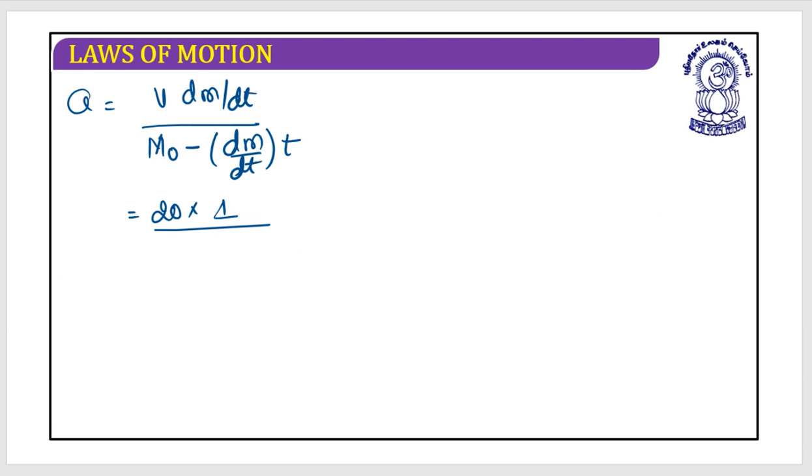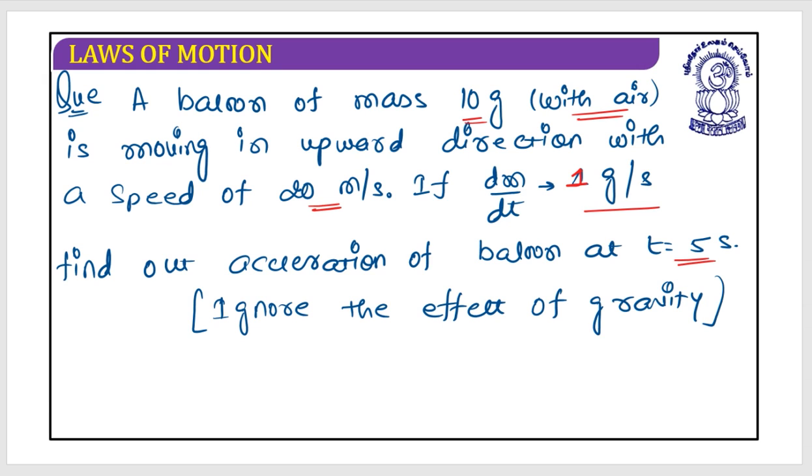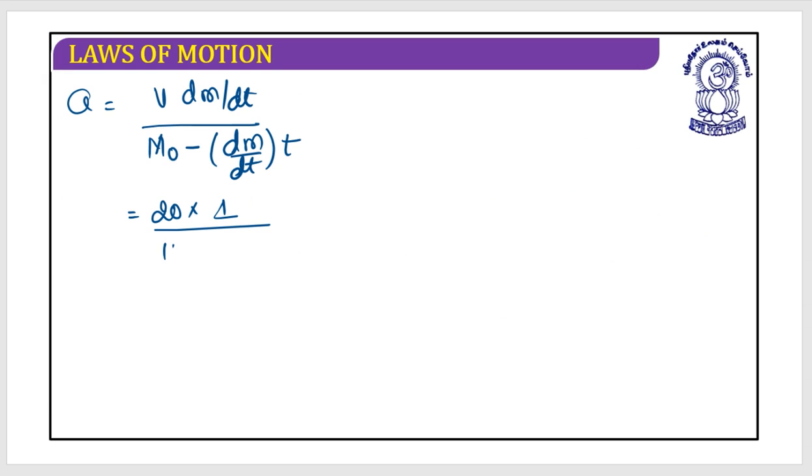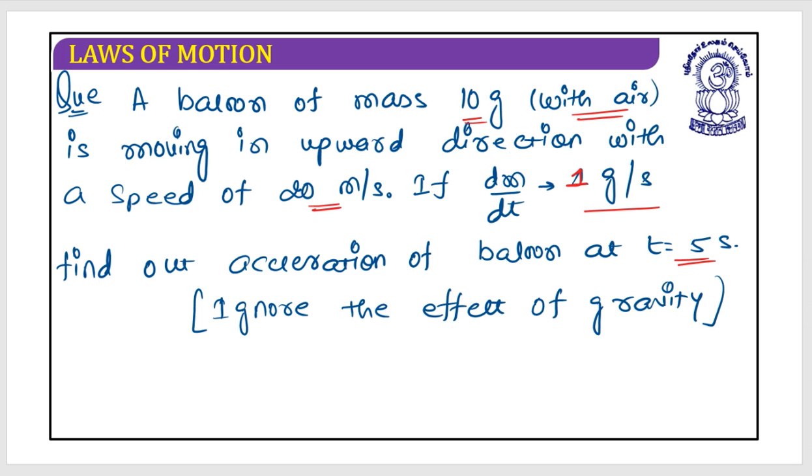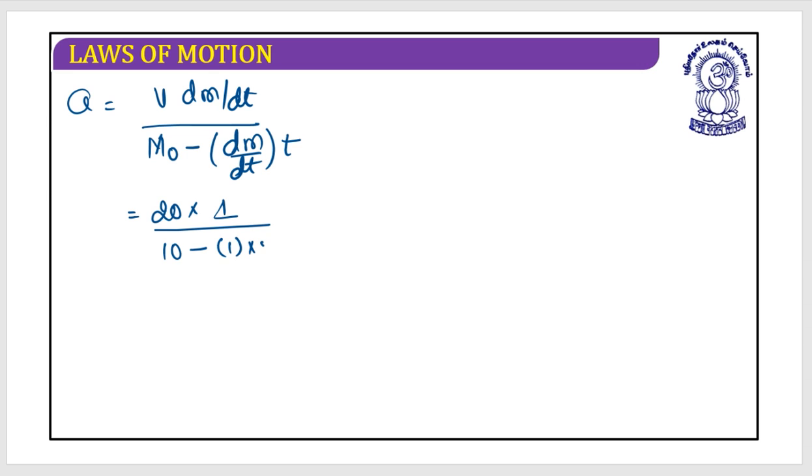So this is 1 divided by m naught, which is 10 gram, minus dm by dt, 1 gram per second, multiplied by 5. So this is 1 into 5. That should be equal to 20 divided by 10 minus 5, which is 5. So this is equals to 4 meter per second square.